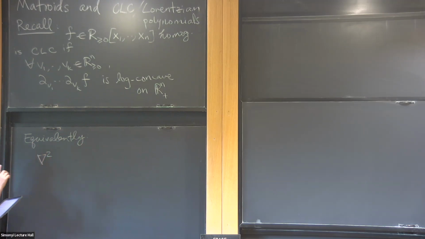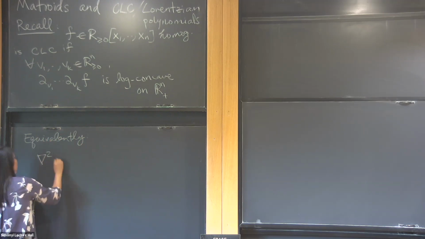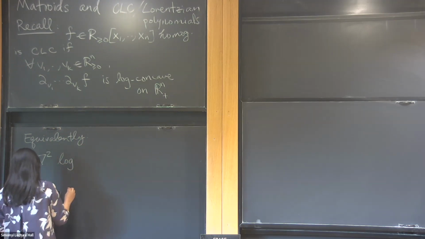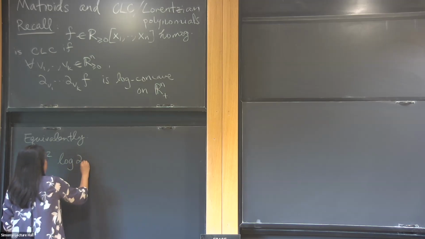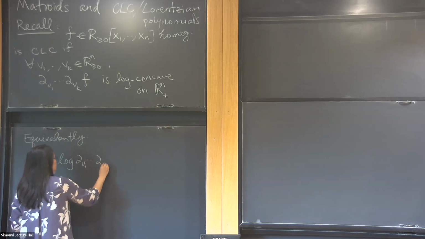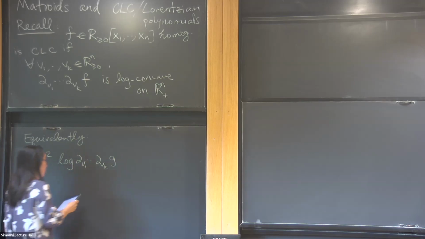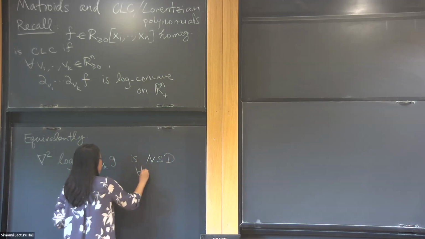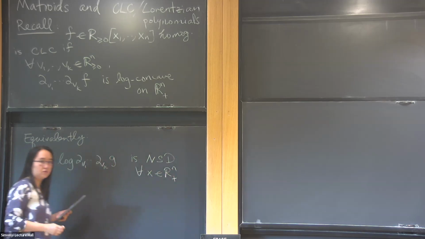This is the matrix of partial derivatives with respect to xi and xj of all these things that you're trying to compute the log-concavity of. So this Hessian is negative semi-definite for all x in the positive orthant.